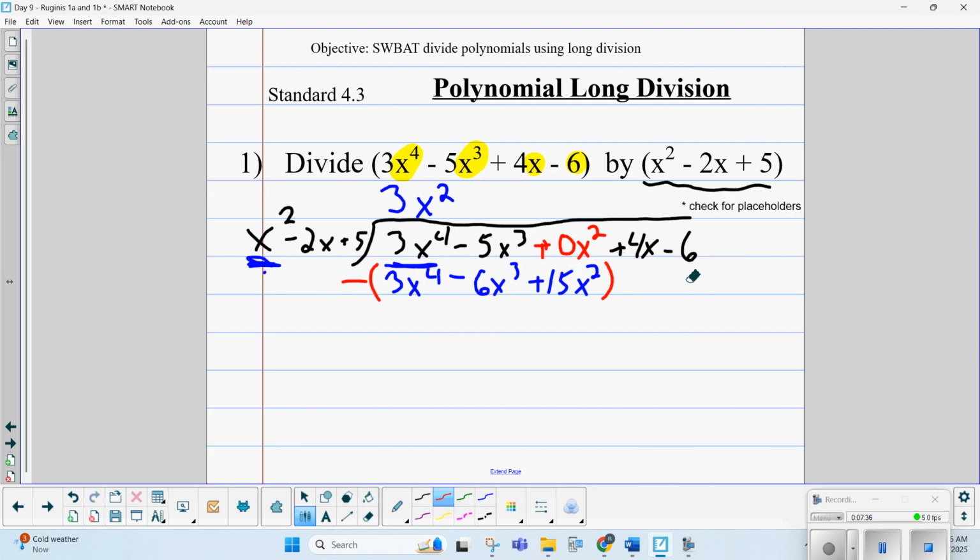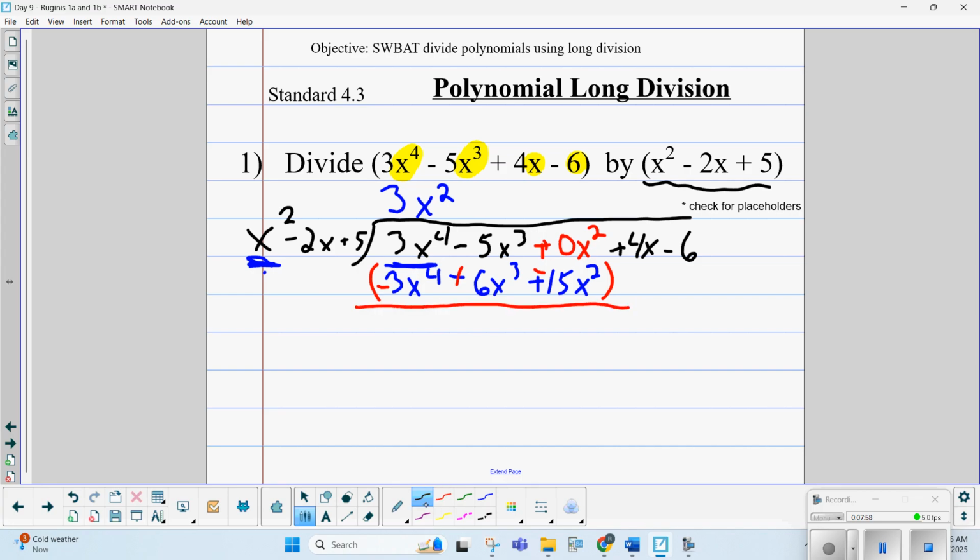So this 3x to the 4 becomes negative 3x to the 4. That negative 6x to the third power becomes positive 6x cubed. And that positive 15x squared becomes negative 15x squared. We can get rid of this on the outside. So we distribute that negative so that we can now just combine like terms.